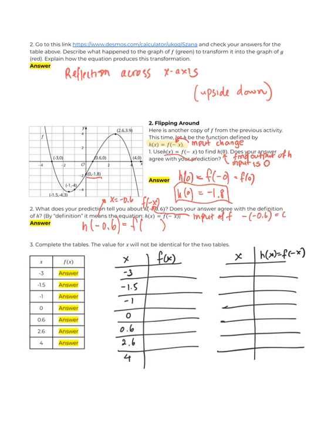So it's going to be positive 0.6 because two negatives make a positive. That means h of negative 0.6 is equal to f of 0.6. And f of 0.6 on the graph is 0. So our prediction for h of negative 0.6 is equal to 0. And that's our answer.